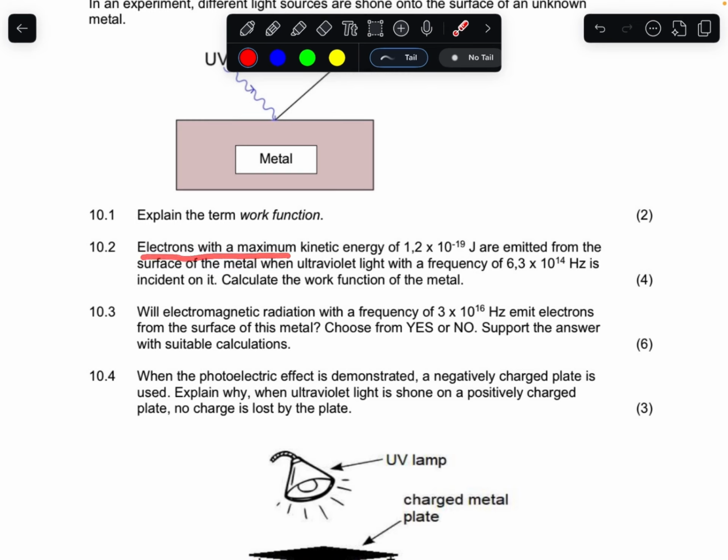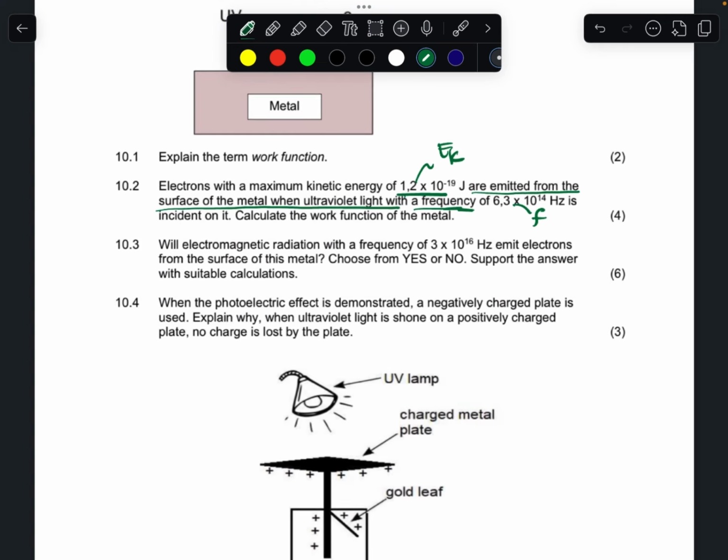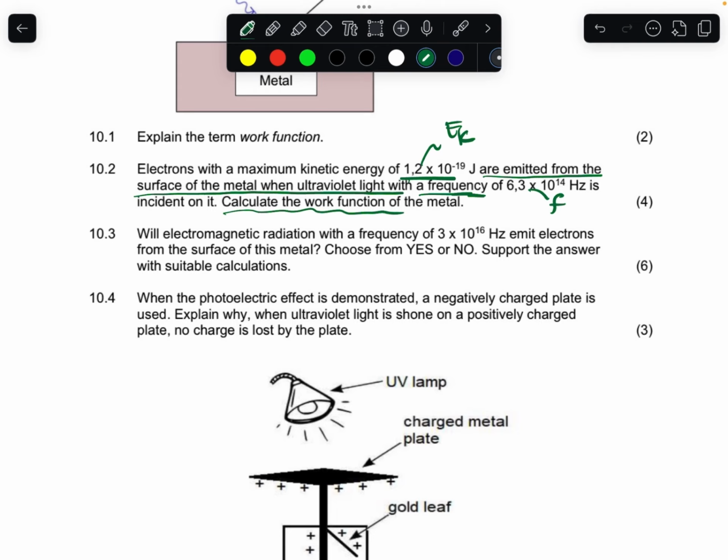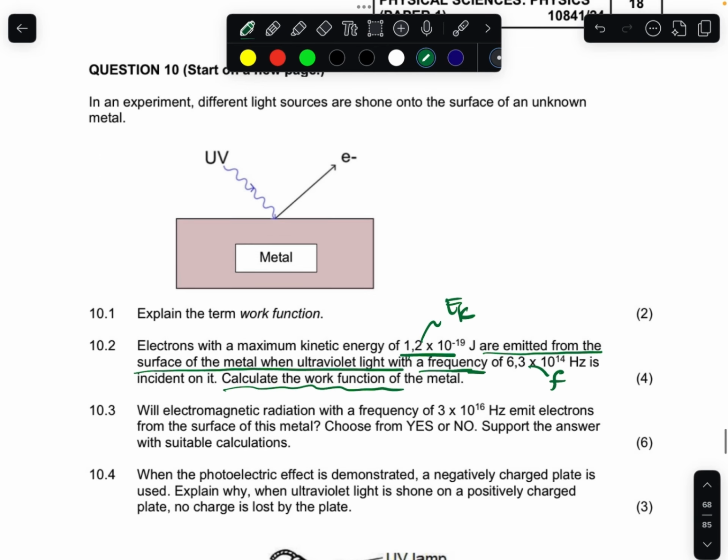10.2 says the electrons with the maximum kinetic energy are emitted from the surface of the metal when ultraviolet light with a frequency, this is the frequency of the light, is shone on it. The question says, calculate the work function of the metal.